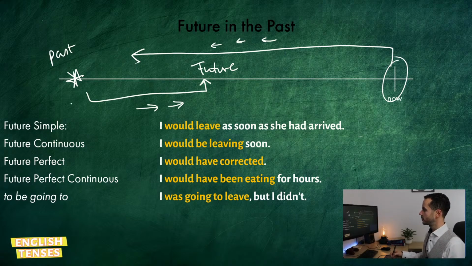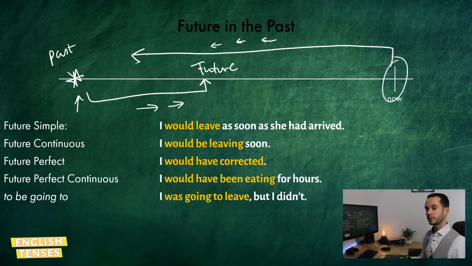So in this case, someone said, in that moment when you're leaving, well, I will be leaving soon. But then something came up and nothing happened, and we're reflecting from the present on that moment, and then I might say, I would be leaving soon.